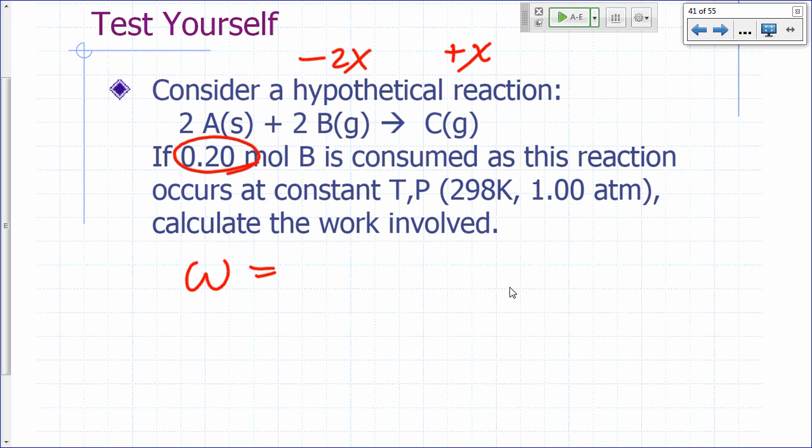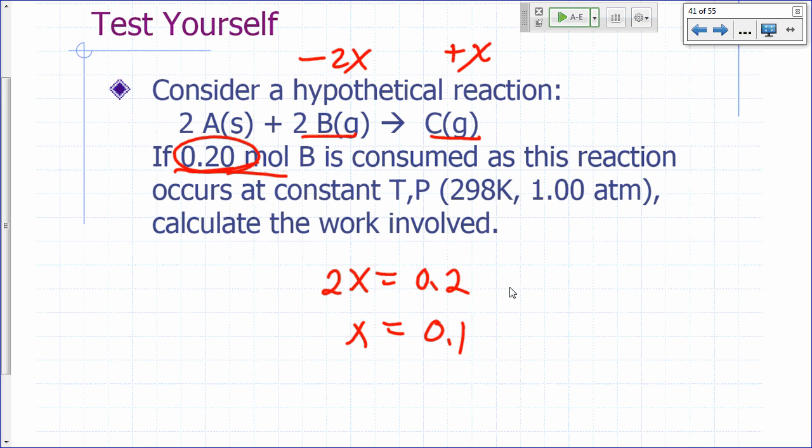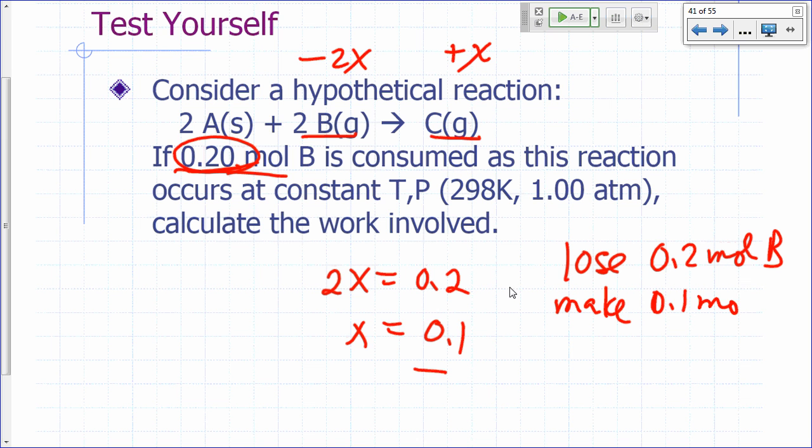If 2X is equal to 0.2, what is X? 0.1, right? You got it? So if you lose 0.2 moles of B, you're going to make 0.1 mole of C.